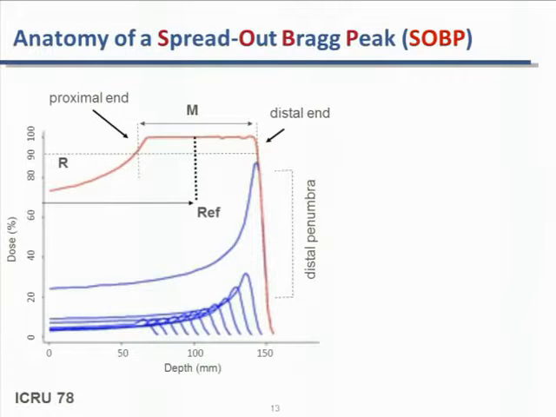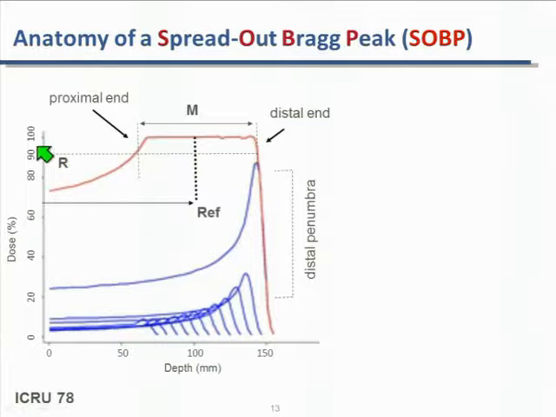So let's look more closely at the SOBP anatomy, because we're going to use those terminologies as we go along in describing QA protocols and QA devices. This is straight out of ICRU 78. It shows the definition of some of the parameters we use to characterize this beam.